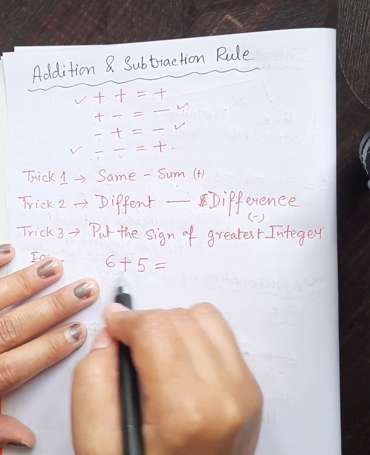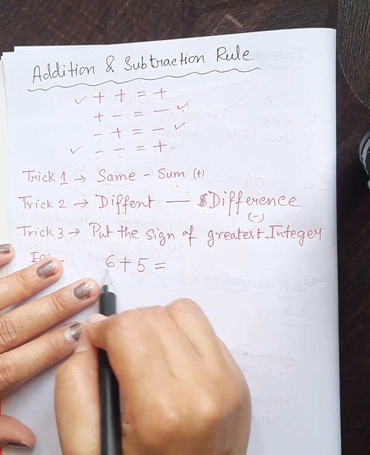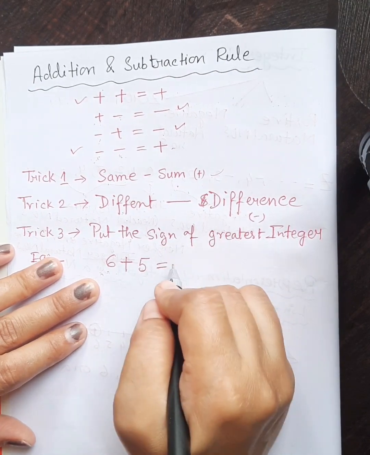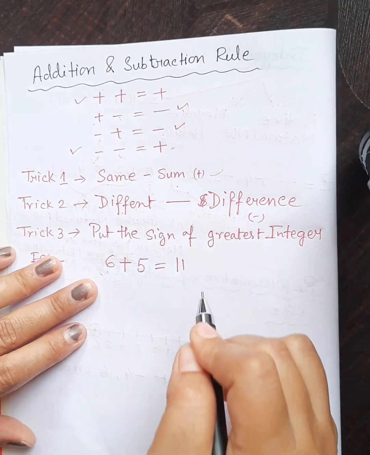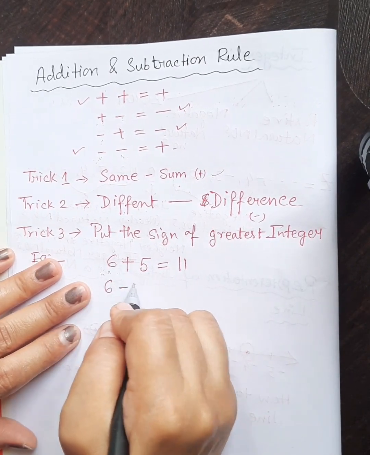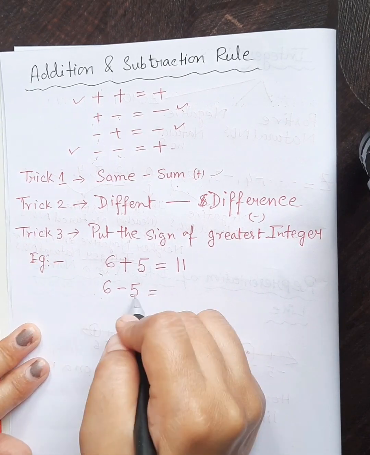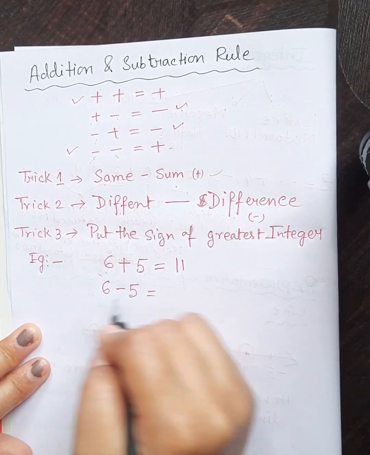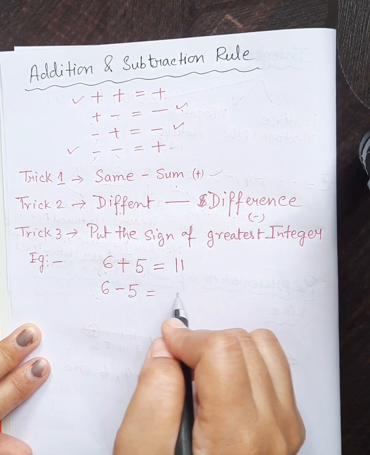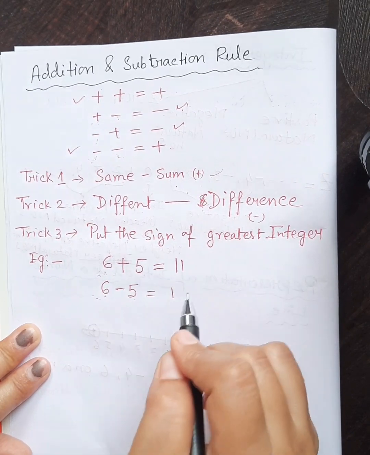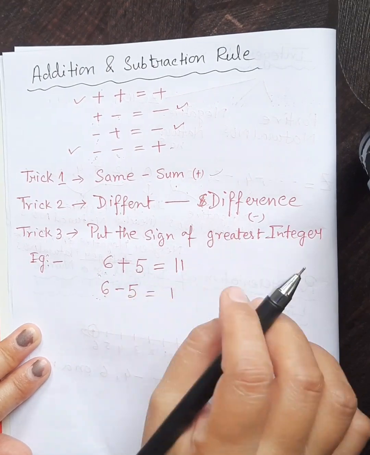The sign of both the integers is the same, so we can find their sum. 6 plus 5, 11. The next example is 6 minus 5. Here the signs of both the integers are different, so we can find their difference. 6 minus 5 is 1.